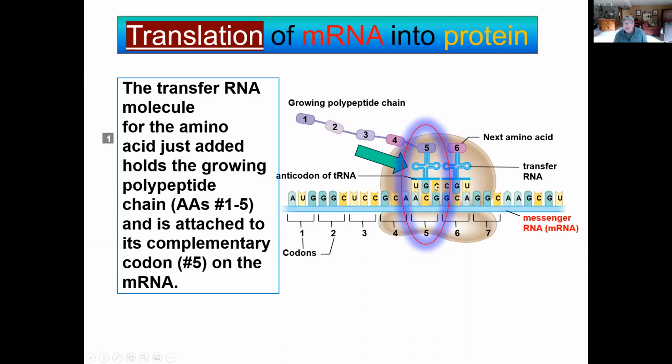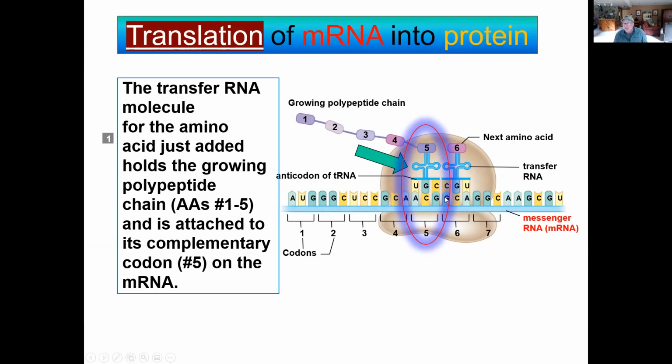It carries the 3 bases that will complement the bases of the messenger RNA codon. And remember, if you have an A, opposite it will be in RNA a U. If you have a C, opposite it will be a G. If you have a G, opposite will be a C. So the anticodon of this transfer RNA carrying number 5 is complementing the base sequence of the messenger RNA.